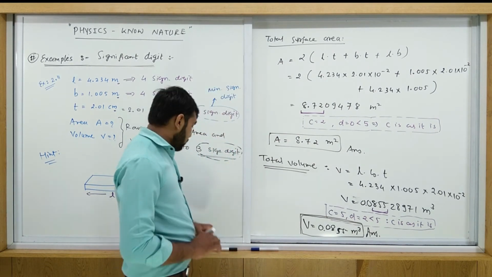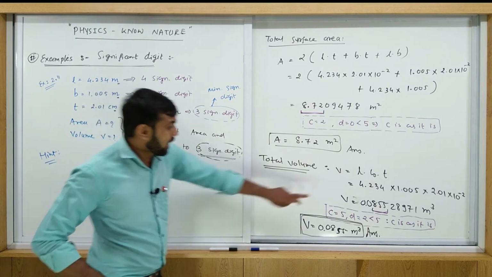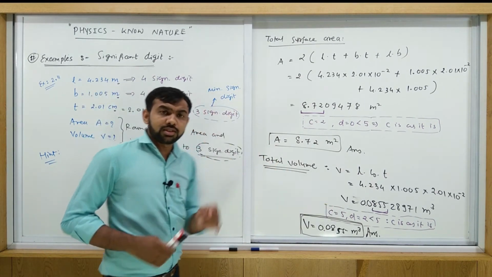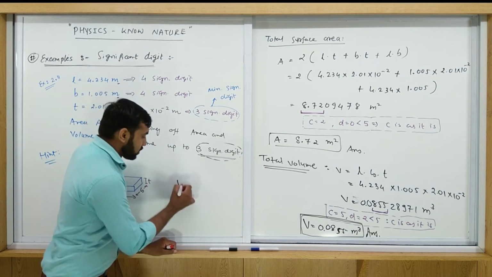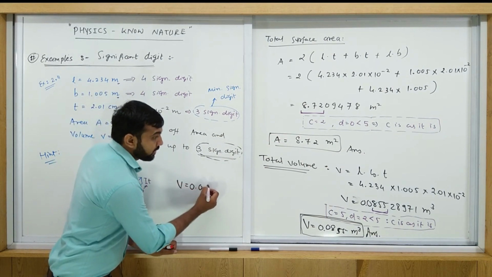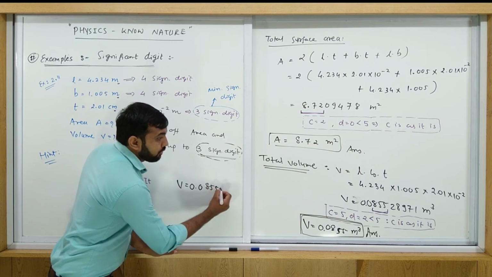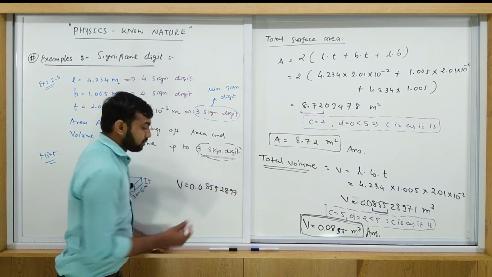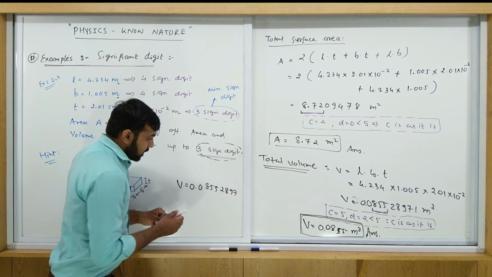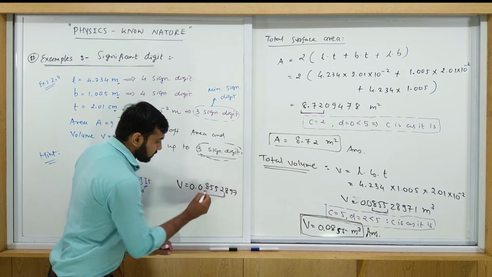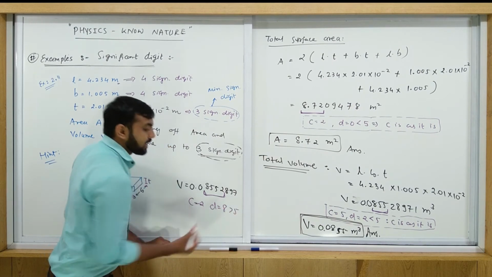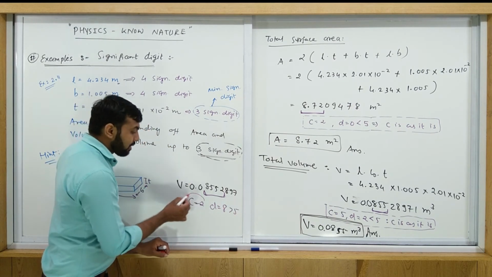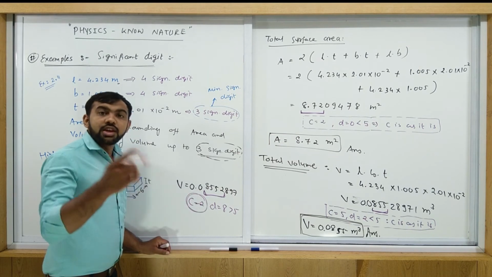Okay, now one hint or additional note. If you round off this number up to 4 significant digits, then what happens? Right now it is not required, only for idea. So V is equal to 0.08552897. So 4 means you just consider up to this one. So here C is equal to 2 and D is equal to 8, which is greater than 5. Means this C is increased by 1.